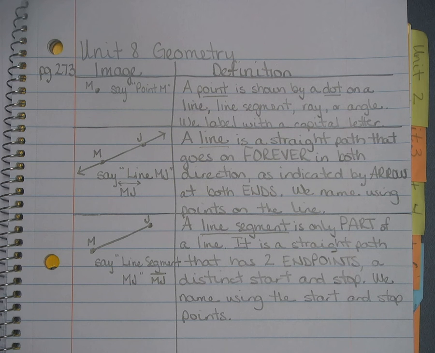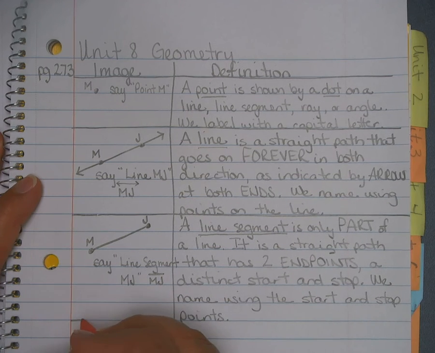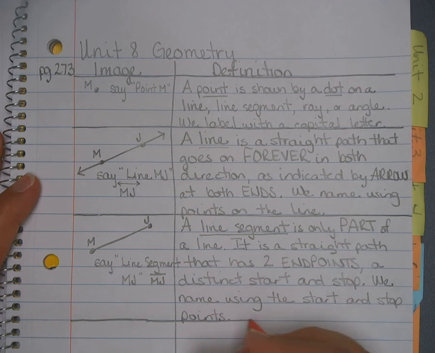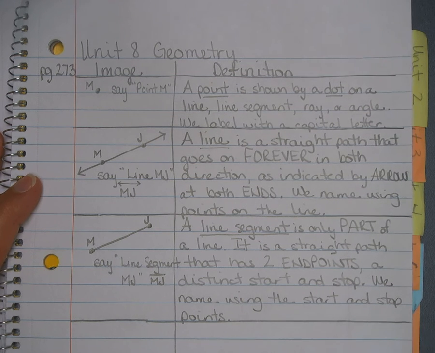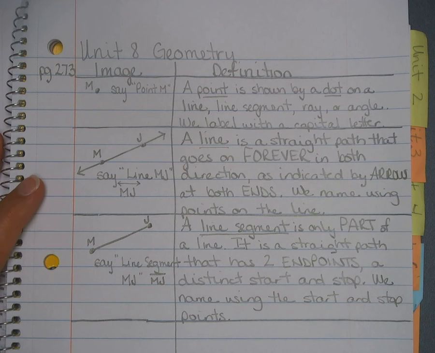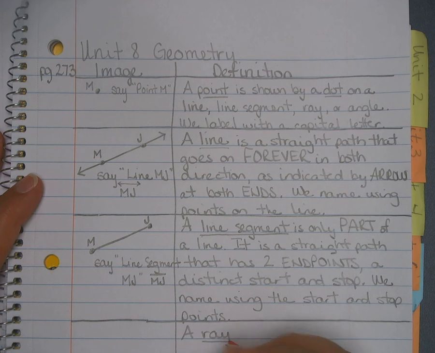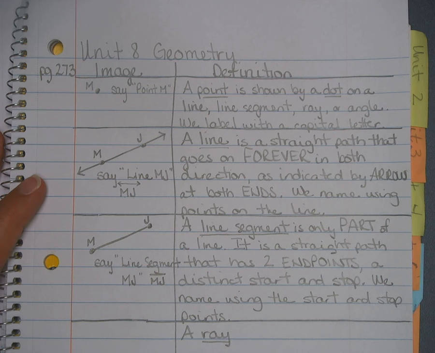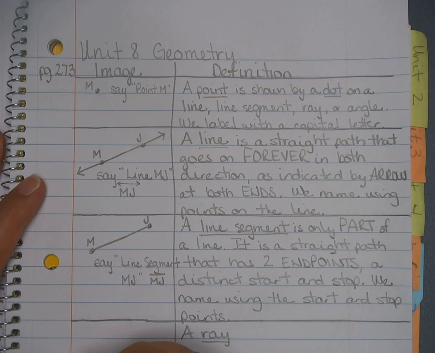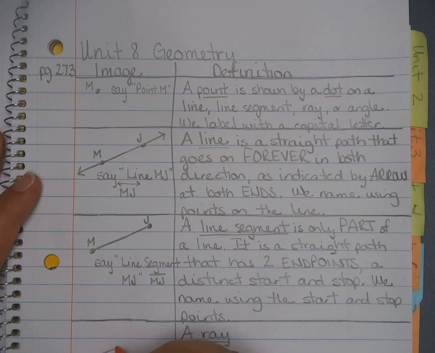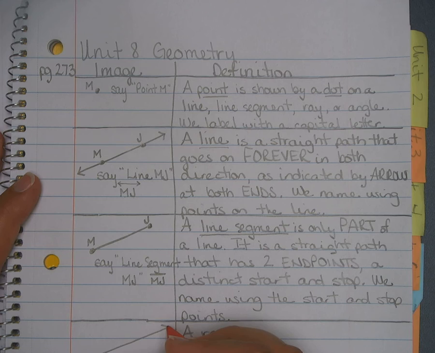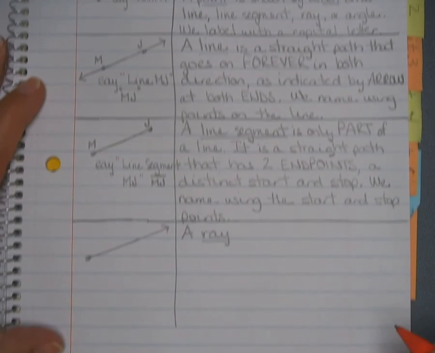The last little piece of the puzzle combines both a line segment and a line. This one is called a ray. By definition, you have a definitive starting point. So it is going to start in one location, but then it's going to travel in a straight path and potentially continue on in that path.